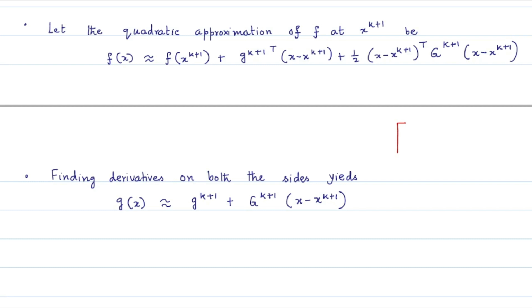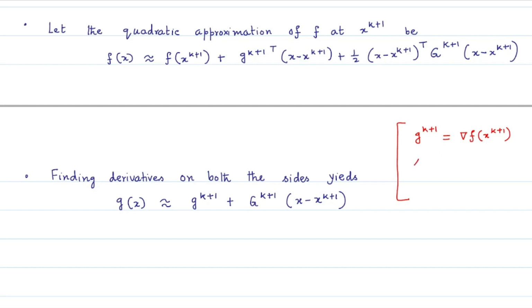Here I must mention that the notation gk+1 is a usual notation in optimization methods. gk+1 represents the gradient of the function f at the point xk+1. Similarly, gk will represent the gradient of f at xk.